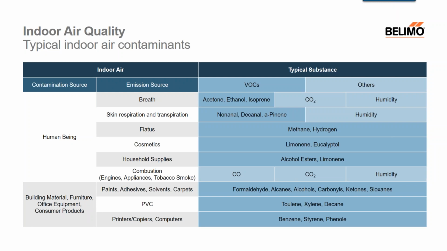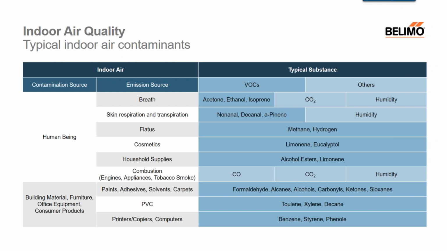Contamination can be generated by humans and emissions through various sources. For example, through the breath, through skin, respiration, flatus, through cosmetics and household supplies. Also different combustion methods, including engines, appliances and tobacco smoke.